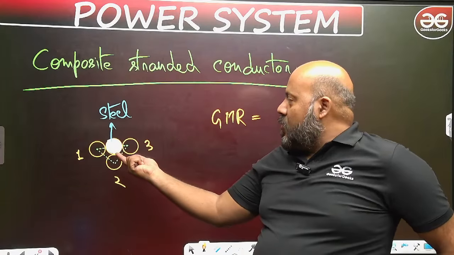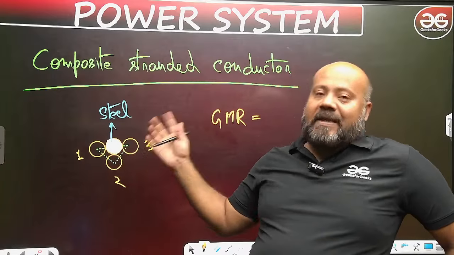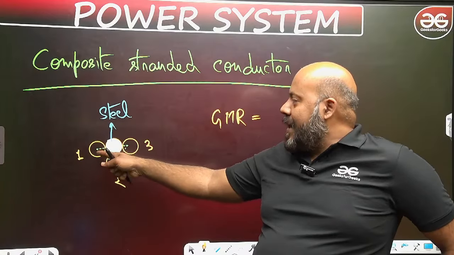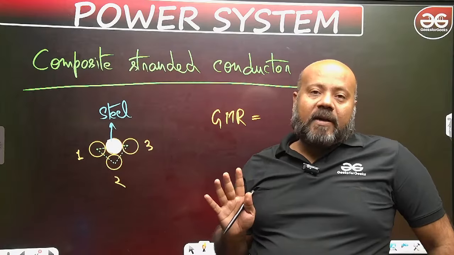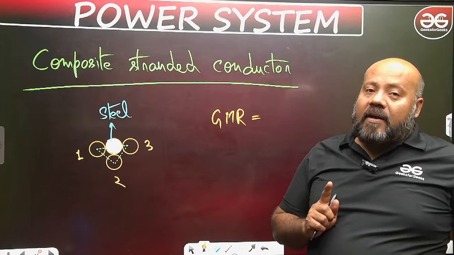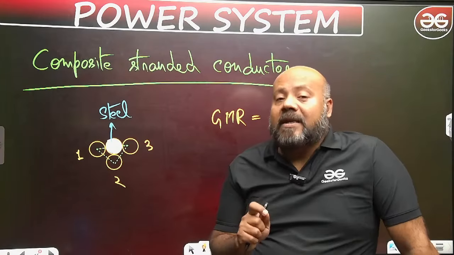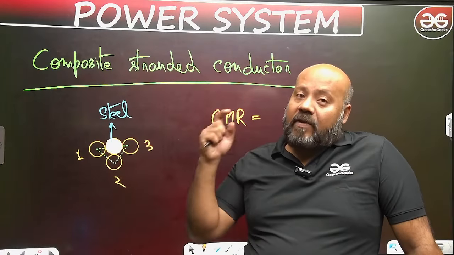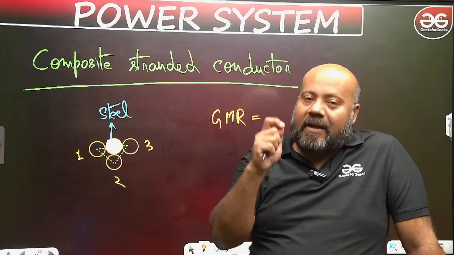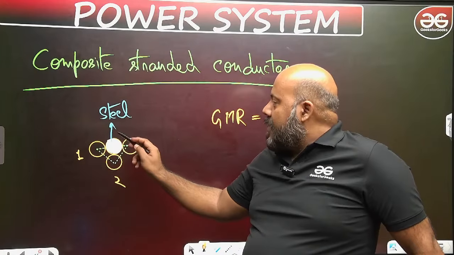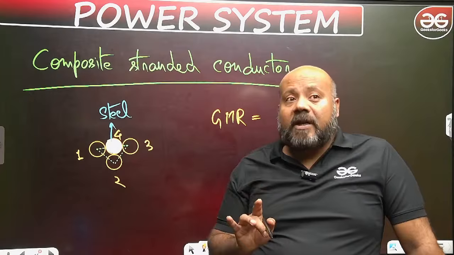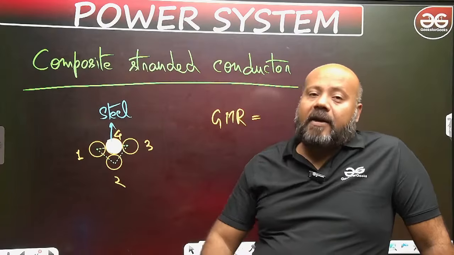Even though they are accountable in terms of the spacing. If you find the space between 1 and 3, then it is accountable. But while calculating the GMR for this stranded conductor, we will not include conductor number 4 because it is made of steel and is not going to carry any current.